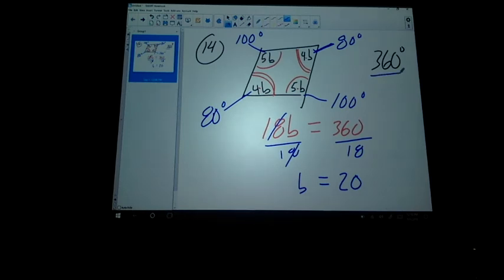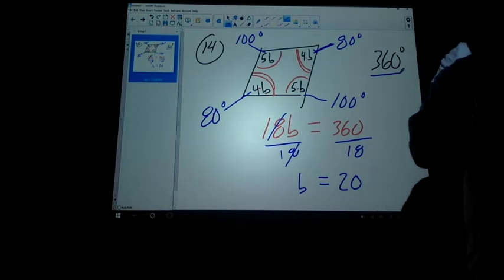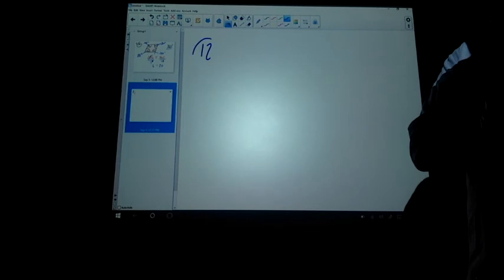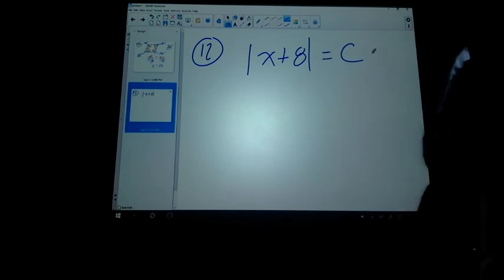What else do you have on that sheet that you'd like to go over? Go ahead, Joy. 12. Okay, so they want to know what value or values I would put in for C that would make this not happen.